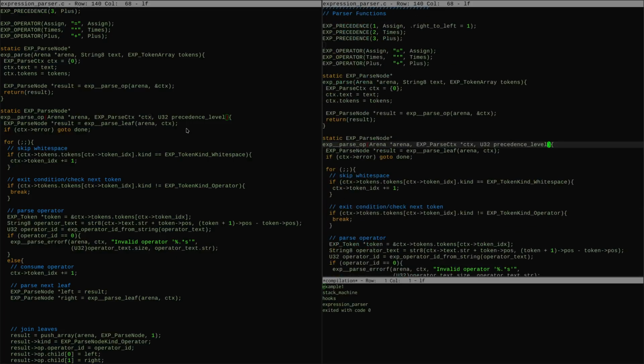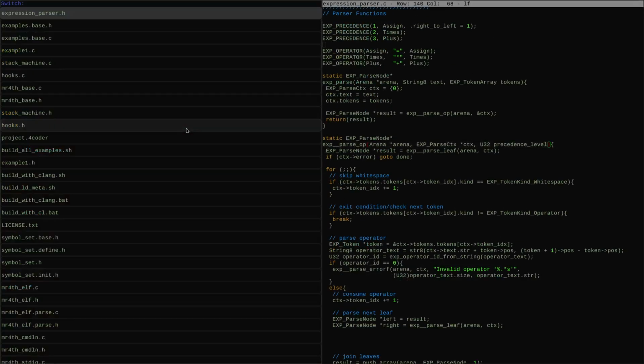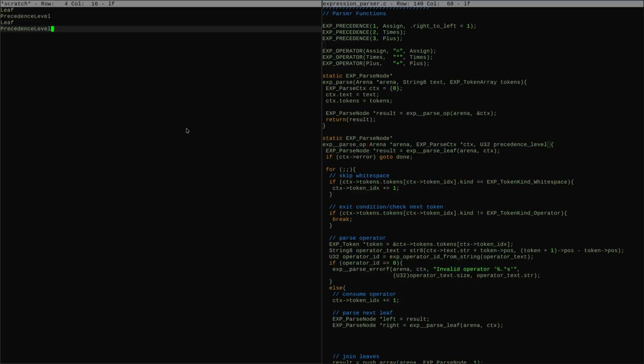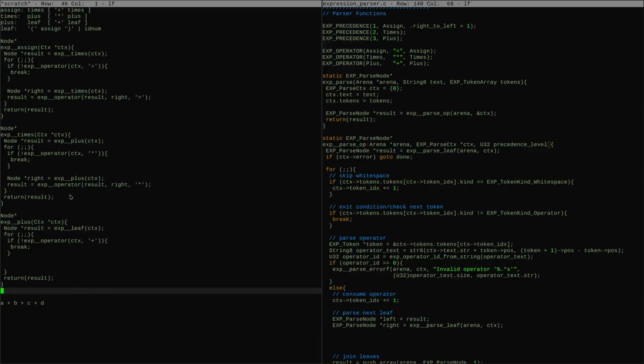Okay, so what we have here, I had it before, let me back up. Yeah, what we have here generalizes in the following way. Operator, context, precedence level. You pass in an integer saying which precedence level of these three you're in, right?